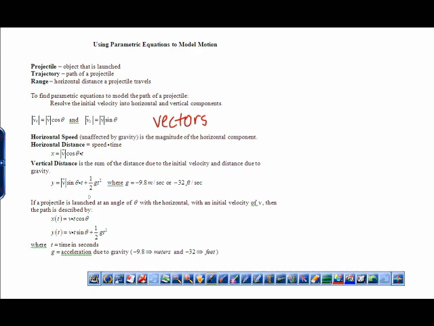But then we're also going to add in what we got with gravity. This is plus 1/2 gravity times time squared, where gravity here could be negative 9.8 meters per second squared or negative 32 feet per second squared. Both of those should be per second squared. I always realize that when I'm looking at this and never fix it, so I apologize.